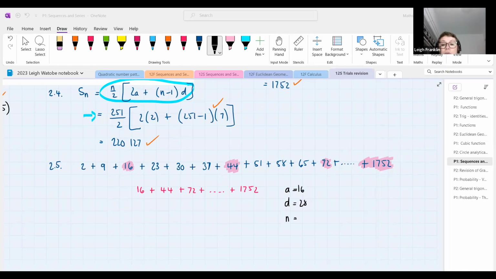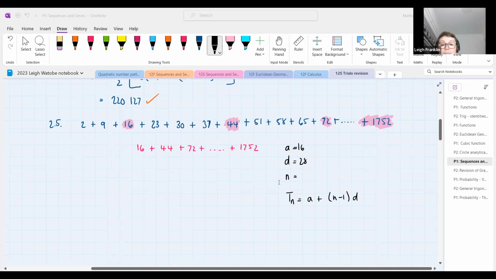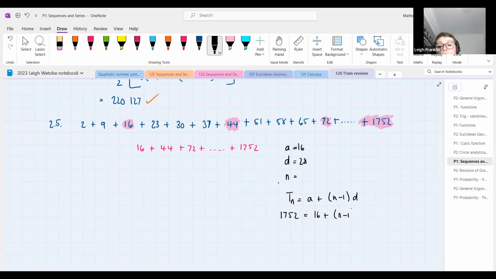We would say Tn equals A plus (n minus 1) D. Our nth term in this case is 1752, the first term is 16, we don't know how many terms there are, and the difference is 28.